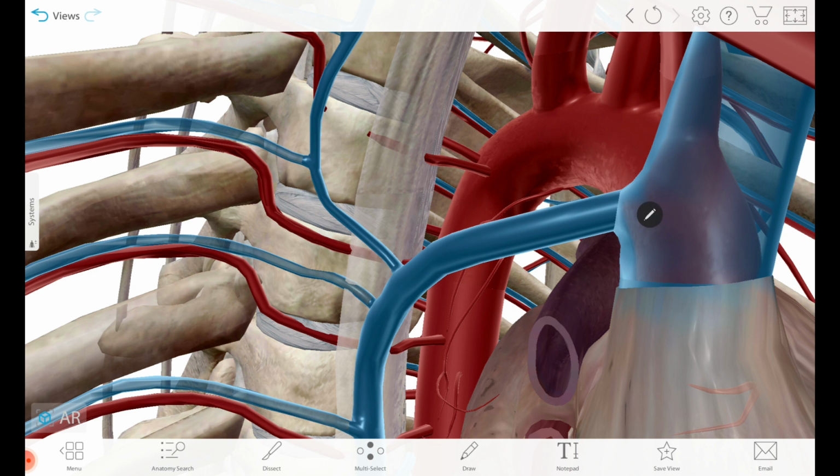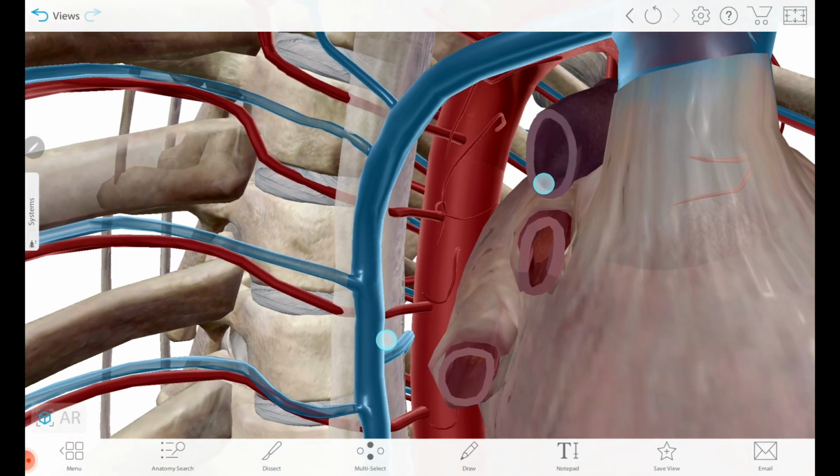This vein over here is the azygous vein. So the second, third and fourth intercostal veins combine to form the superior intercostal vein, which drains into the azygous vein, and the azygous vein then drains into the superior vena cava.